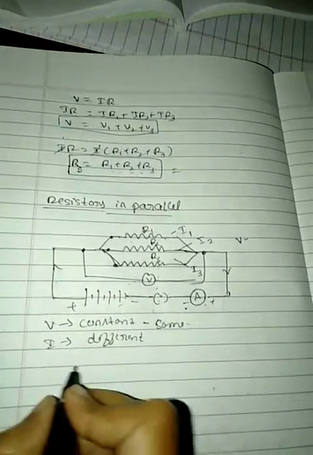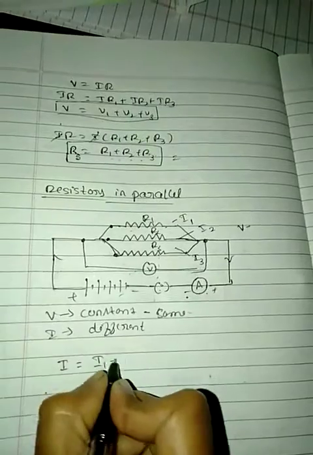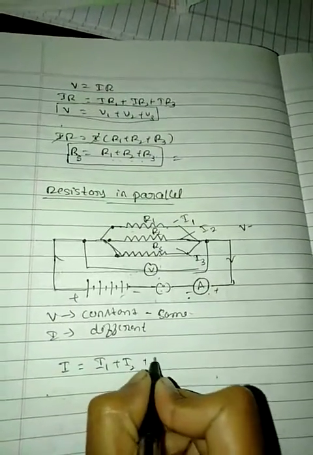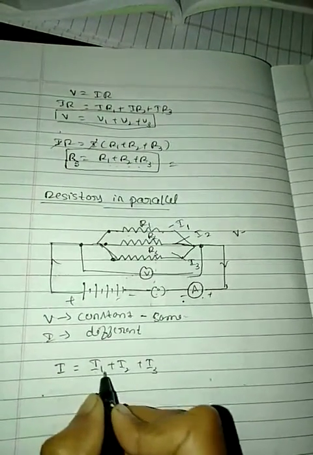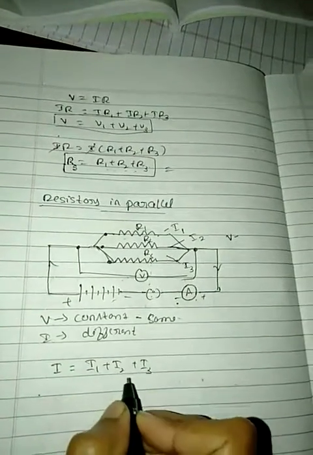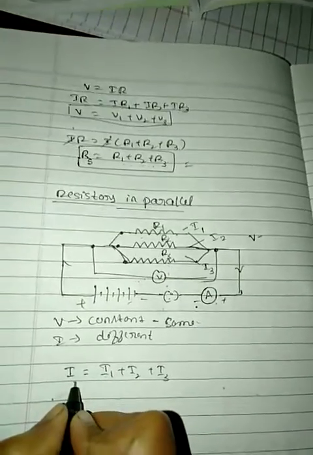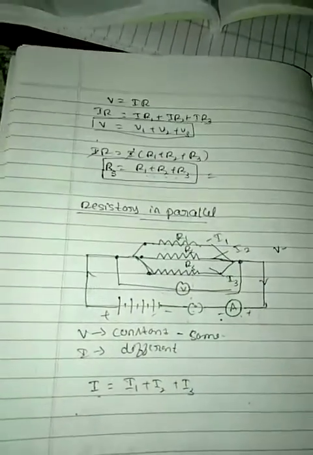So the total current I can be written as I1 plus I2 plus I3. The currents across the separate resistors add up to the total current across the combination.